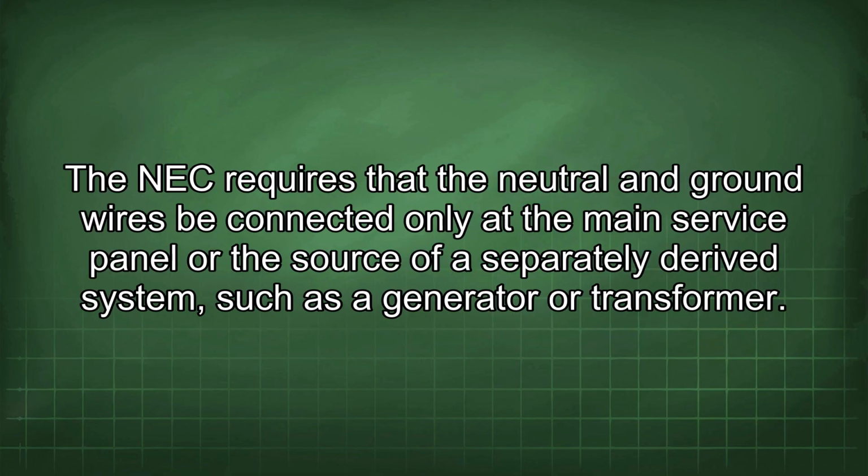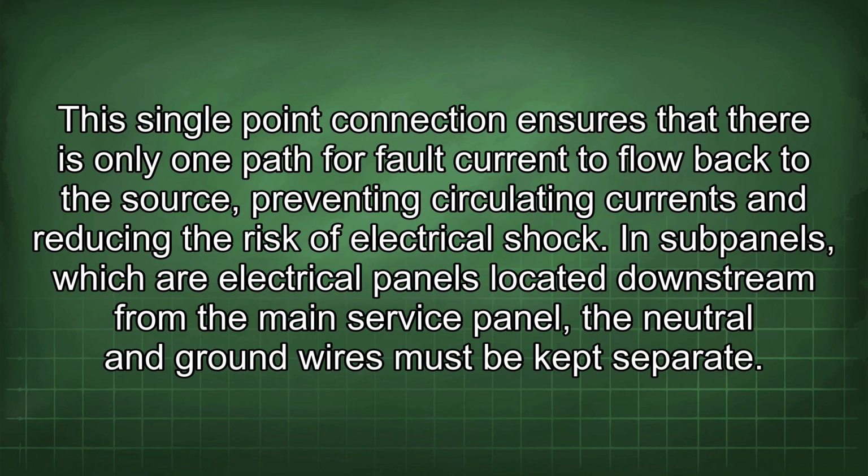The NEC requires that the neutral and ground wires be connected only at the main service panel or the source of a separately derived system such as a generator or transformer. This single-point connection ensures that there is only one path for fault current to flow back to the source, preventing circulating currents and reducing the risk of electrical shock.